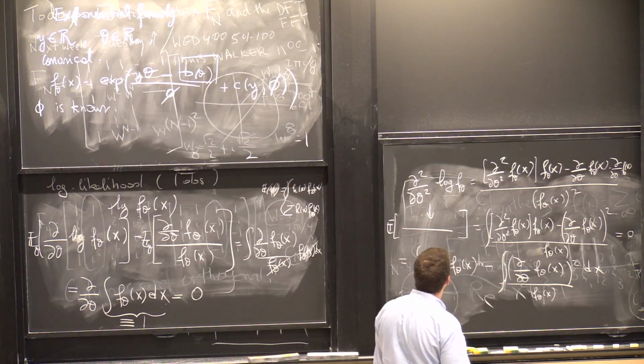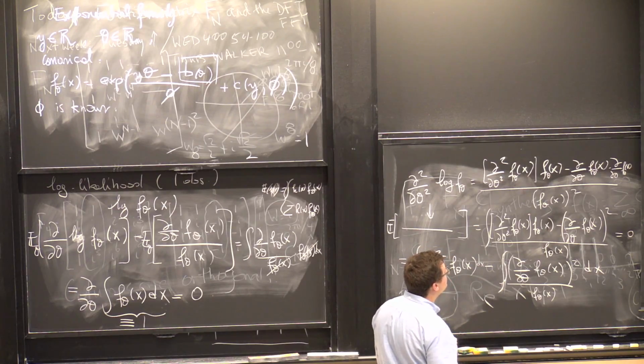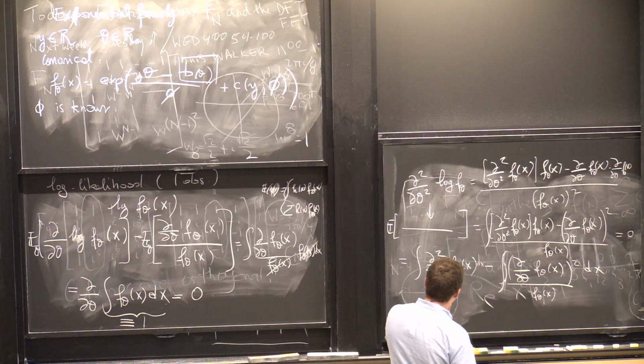So I went a little too far, I believe, because I only want to prove that the expectation of the second derivative... I want to show that the expectation of the, I mean, is that true actually?